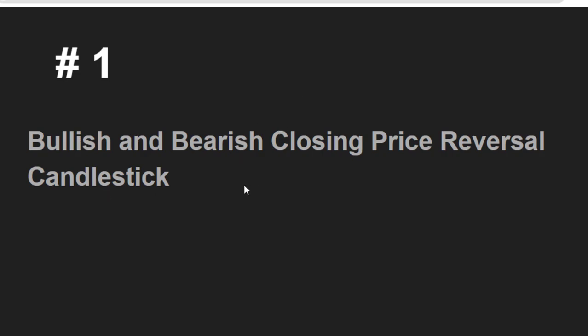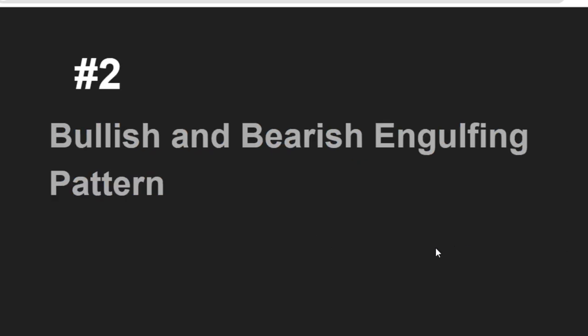And for the bearish closing price reversal candlestick pattern, you find them at resistance in a downtrend for the market to move to the downside. And the bullish engulfing pattern always appears at support in an uptrend for the market to move to the upside. And the bearish engulfing pattern occurs at resistance in a downtrend for the market to move back to the downside. This is very, very important.